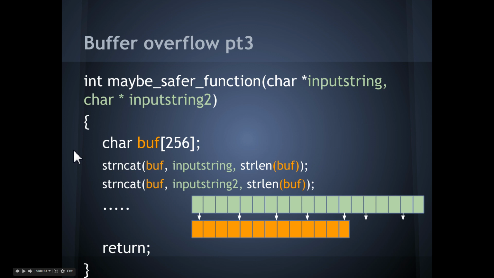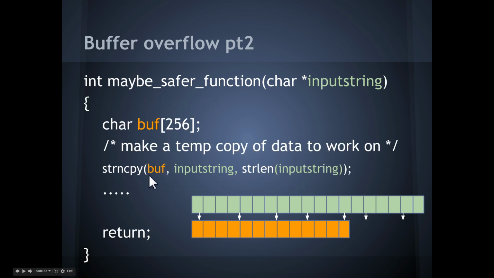But it's also important to note that some safe functions have to be used with more focus than other ones. Obviously, in this case, the proper way to do this is with strlen of the destination buffer.